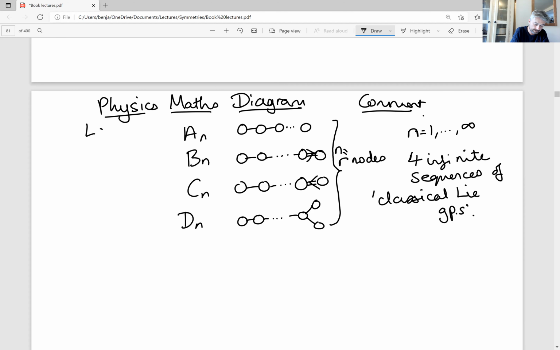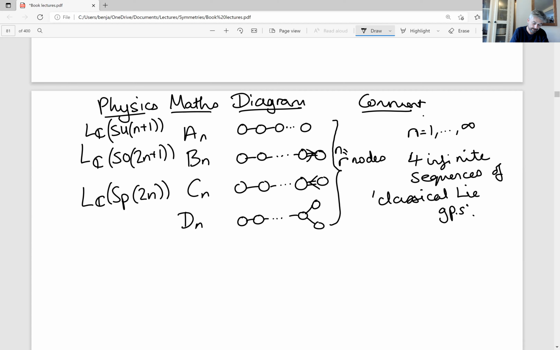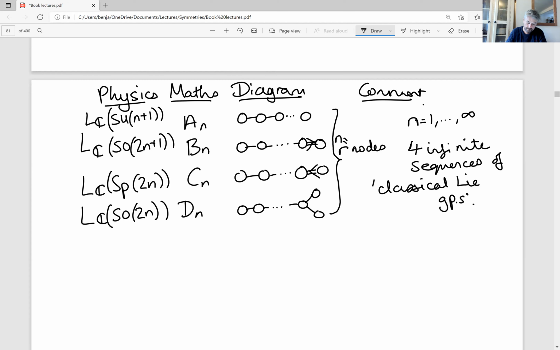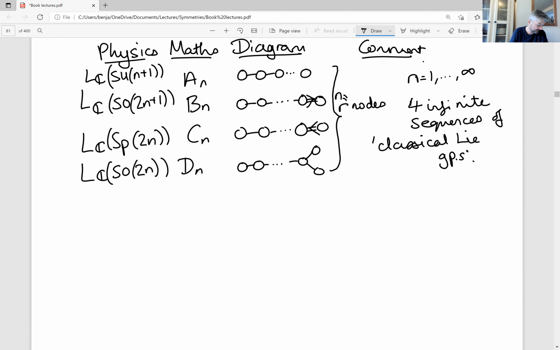This is the complex Lie algebra of SU(n+1). This is the complex Lie algebra of SO(2n+1). This is the symplectic group Sp(2n). And this is the complex Lie algebra of SO(2n). I'll define that in a second.